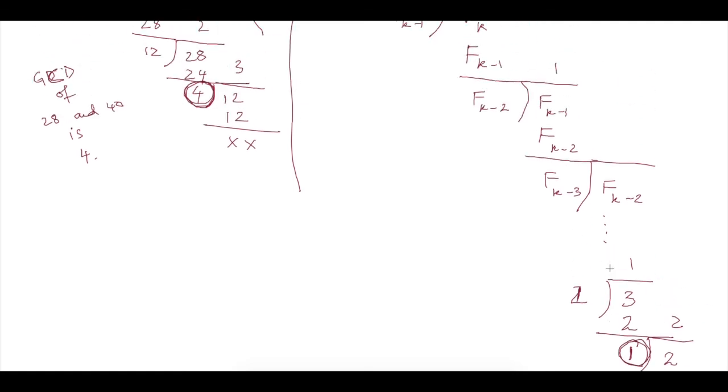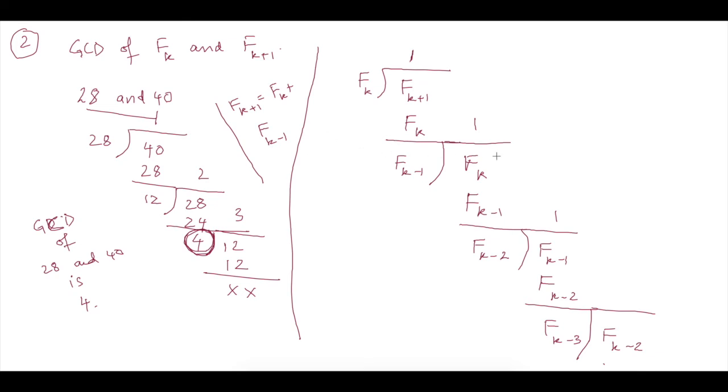Now the only thing remaining to be proven is why we have a quotient of 1 here. We have a quotient of 1 because if we have f of k plus 1 divided by f of k, I can write it as f of k plus f of k minus 1 over f of k, which is equal to 1 plus f of k minus 1 over f of k.